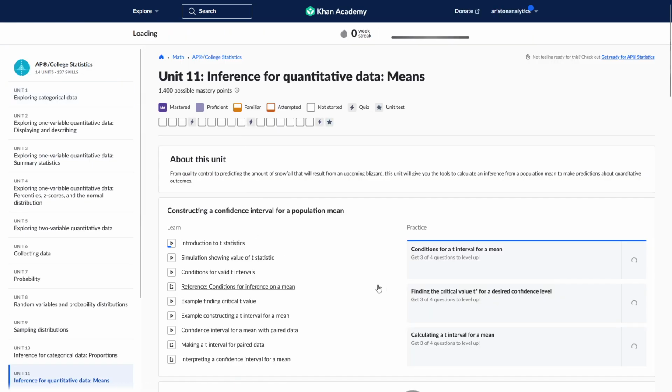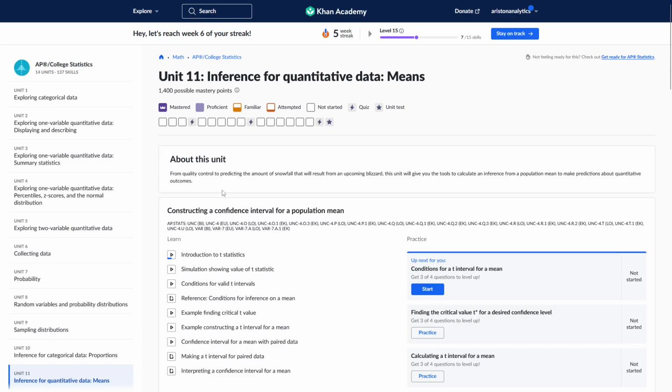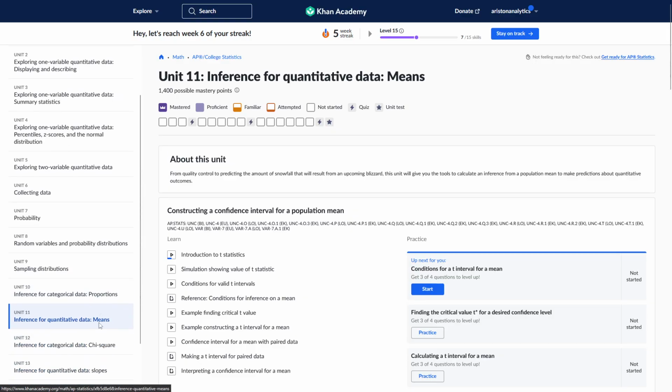I don't have a slide for Unit 11, which is an oopsie on my part, but okay. It says here, inference for quantitative data means. Okay, so we were doing categorical data proportions. No, it's quantitative data means, okay. From quality control to predicting the amount of snowfall that will result from an upcoming blizzard, this unit will give you the tools to calculate an inference from a population mean to make predictions about quantitative outcomes.